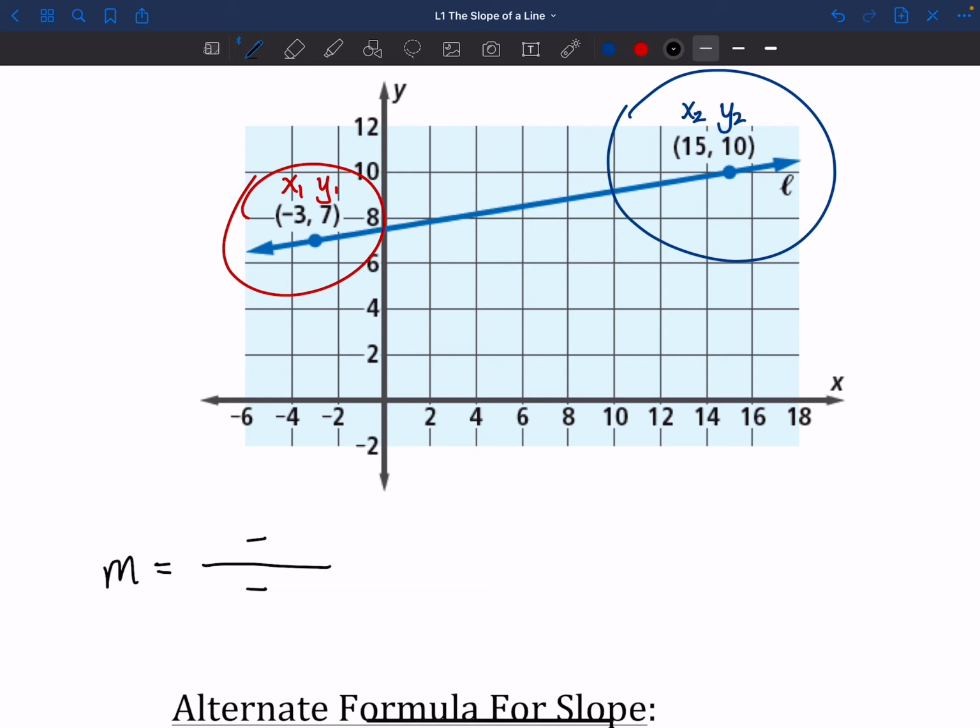We have m equals that skeleton there. Up top, we have y2 minus y1. Then on the bottom, we have x2 minus x1. And this is where that skeleton gets kind of important. You'll notice that on the bottom, I have 15 minus -3. That's exactly how it should be.